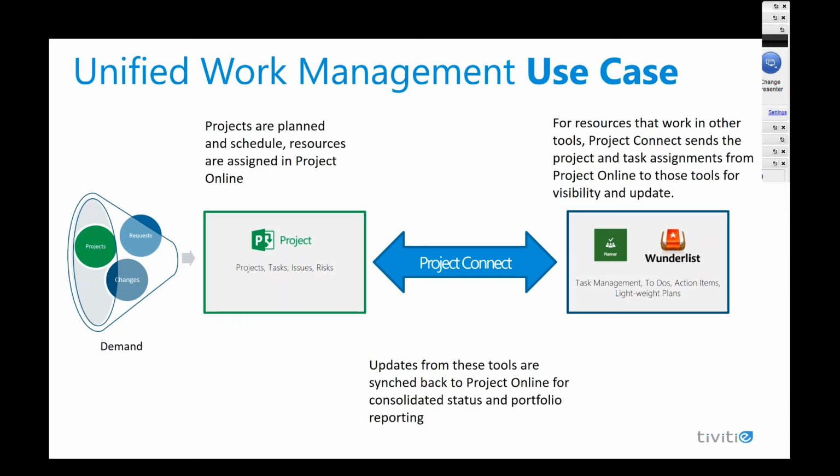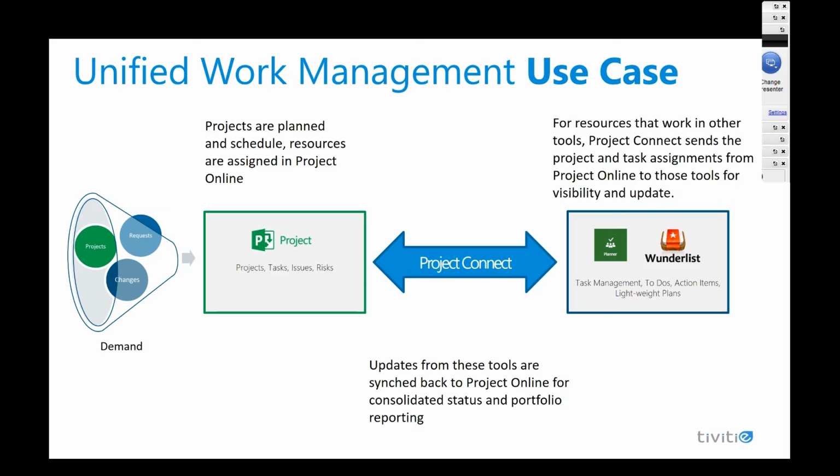That being said, Project Connect from Tivitie would allow you to have people that work in other tools. In this case, we'll use Office 365 Planner and Wunderlist as the examples. Project Connect sends the project and task assignments from Project Online to those tools for visibility and update, allowing me as the user of those tools to get my project assignments and tasks along with my non-project stuff and my own personal work items and to-dos into one singular form to allow me to have one place to provide updates, access, and status, and have that information then feed back and provide those updates directly back to Project Online for consolidated status and portfolio reporting.